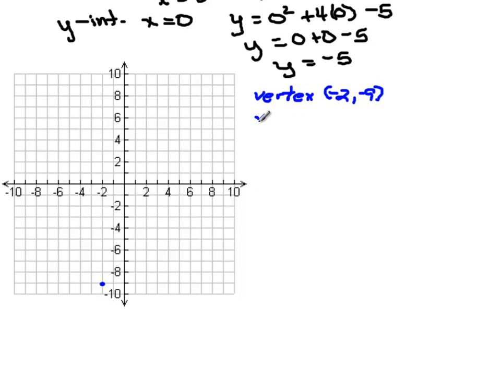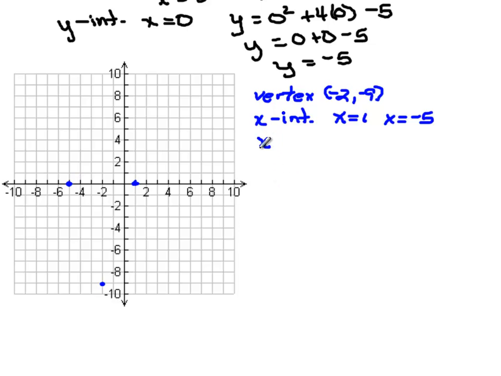And then we have the x-intercepts, which were x equals 1 and x equals -5. And remember, that's where it crosses the x-axis. So that'll be on 1 and on -5.